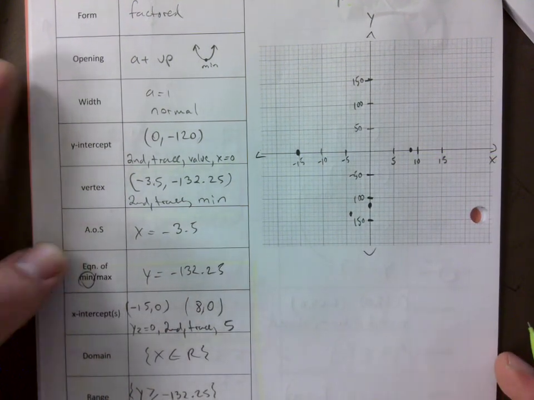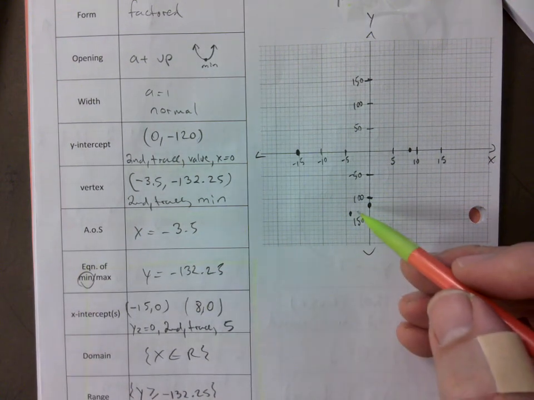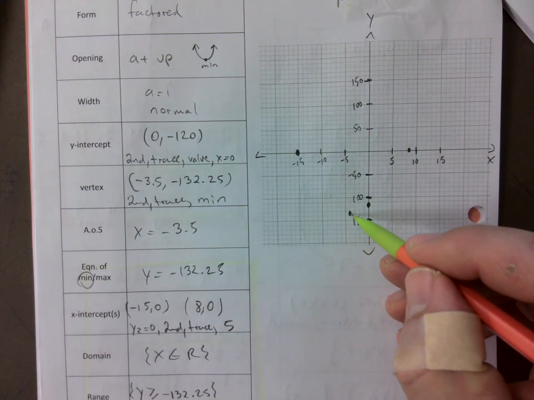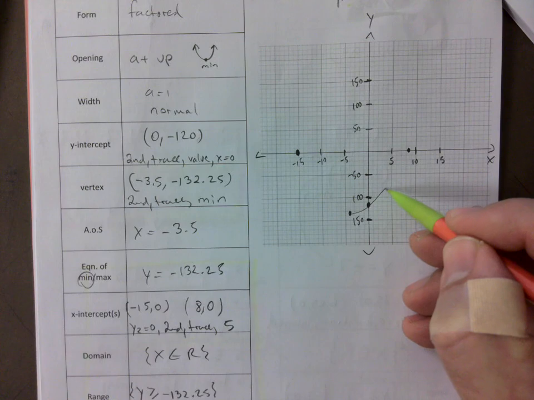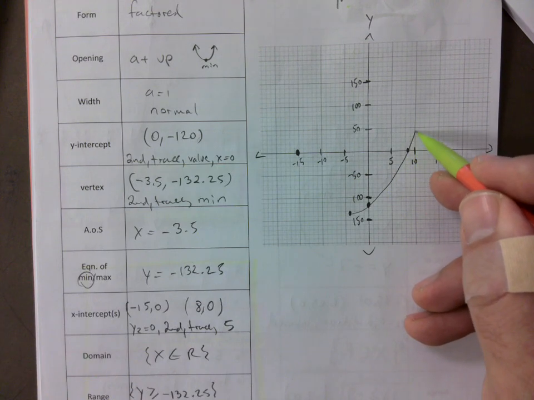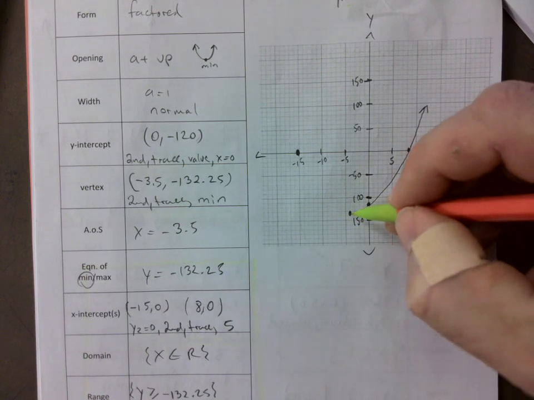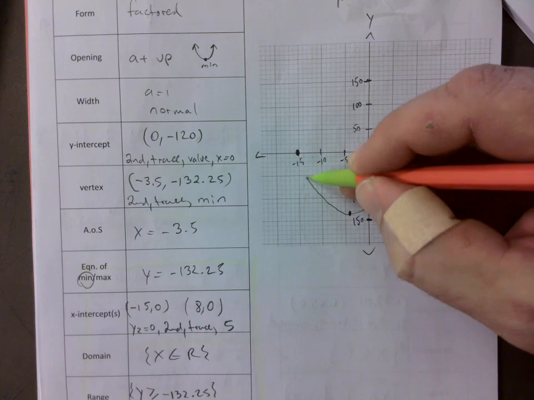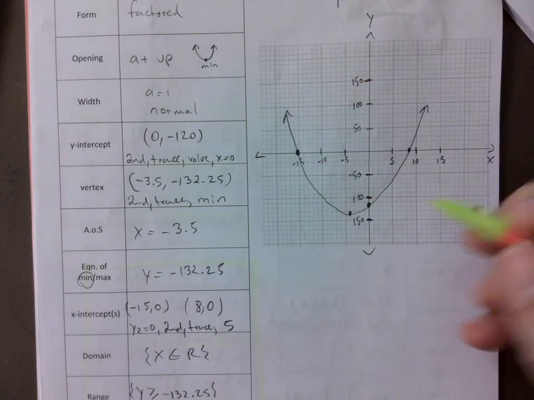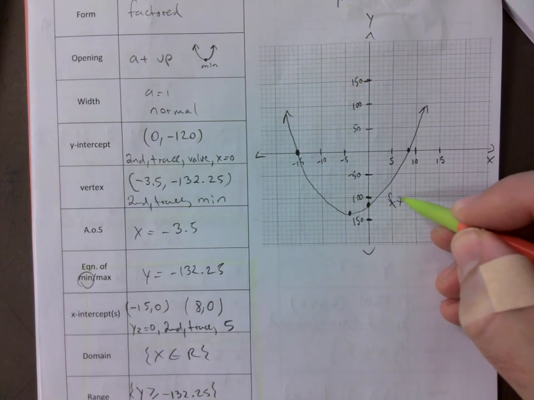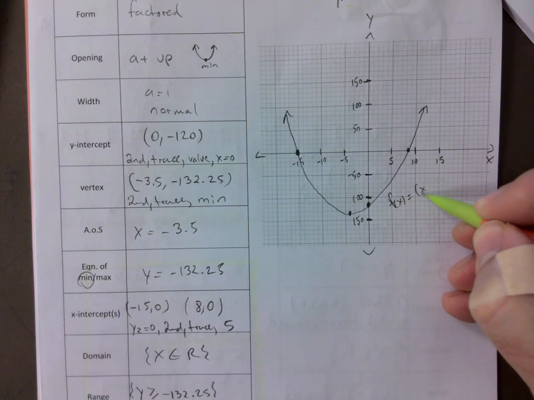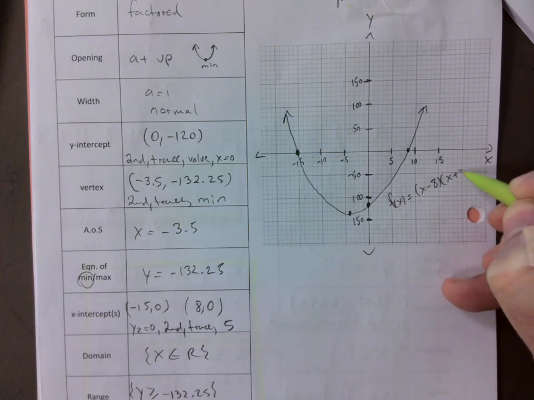And now you have everything you need to sketch it, right? So you go vertex, just like that. And don't forget your equation, f of x is equal to x minus 8, x plus 15.